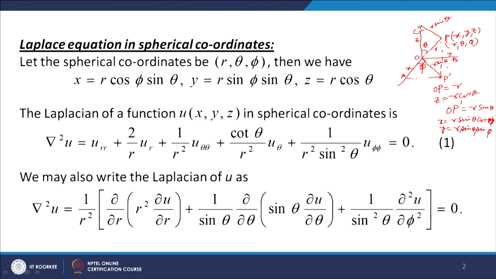And when we find the Laplacian of a function u of x, y, z in spherical coordinates, what we notice is that del square u is u r r, the second order partial derivative of u with respect to r, as usual, plus 2 over r u r, the first derivative of u with respect to r, plus 1 over r square u theta theta, the second order partial derivative with respect to theta, plus cot theta over r square u theta, the first order derivative with respect to theta, plus 1 over r square sin square theta u phi phi, where u phi phi is the second order partial derivative of u with respect to phi.